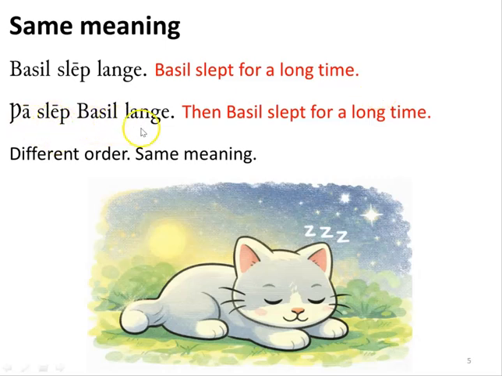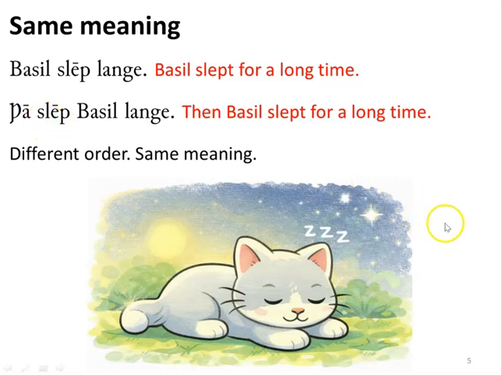Thar slēp Basil lange. Then Basil slept for a long time. Different order, same meaning. Notice here subject, verb, and then the rest. Here we've got verb, subject, and then the rest. So that thar element can alter word order.